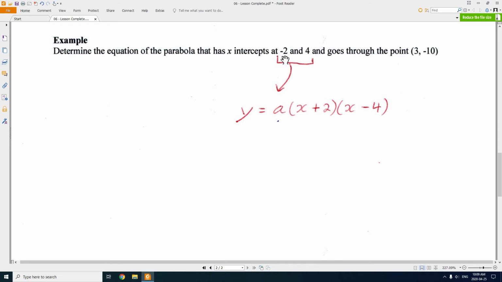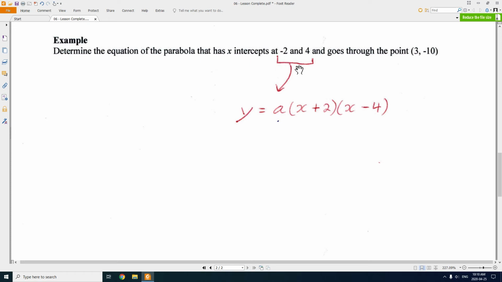That's because if you plugged negative 2 into the bracket, it would give you negative 2 plus 2, which is 0, and 0 times anything is 0. That would be an x-intercept: when y equals 0, that is an x-intercept. That's why that works for the factored form: opposite signs to get the x-intercepts.